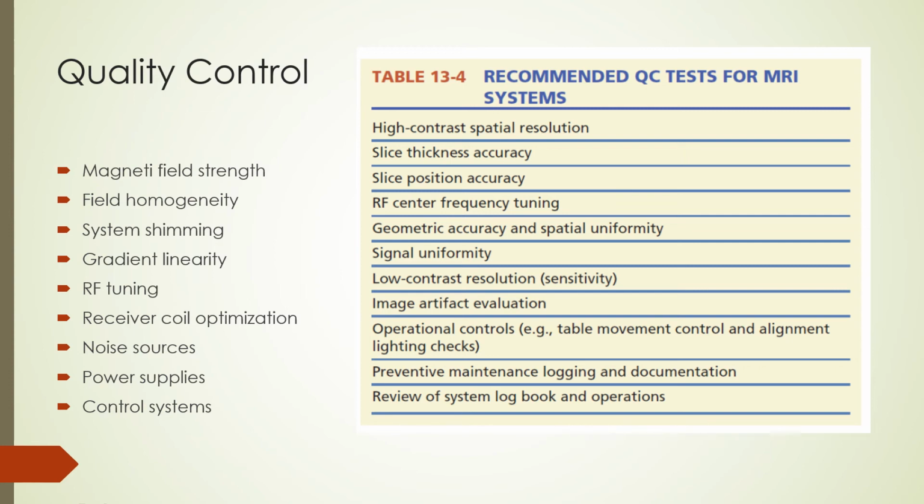The various components of the MRI system that must be checked periodically include items listed on this slide: the magnetic field strength, field homogeneity, system shimming, gradient linearity, RF tuning, receiver coil optimization, location of noise sources, power supplies, and control systems should all be checked periodically. These tests can be done with a manufacturer's phantom. Also, other manufacturer-designated tests may be done to check the performance of the MRI system.